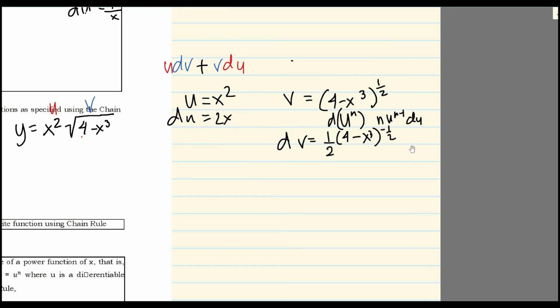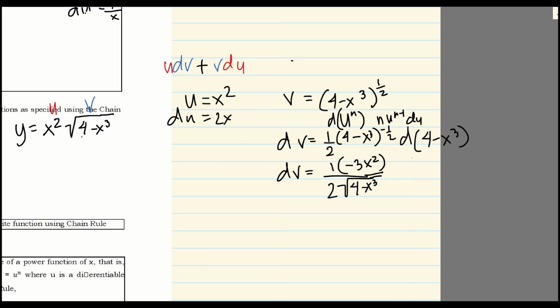Okay, so now it's difficult, right? Times du is the derivative. So we have to derive that first. Our dv here is 1 over 2 times 4 minus x cubed, square root over there, and the derivative of this is negative 3x squared.